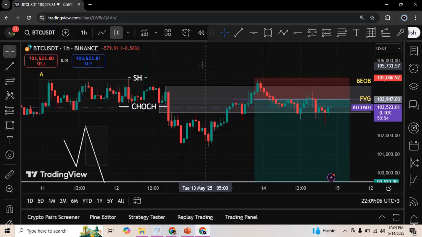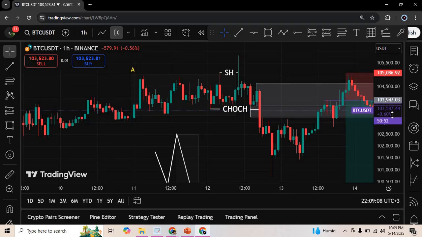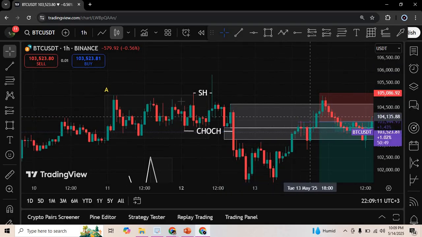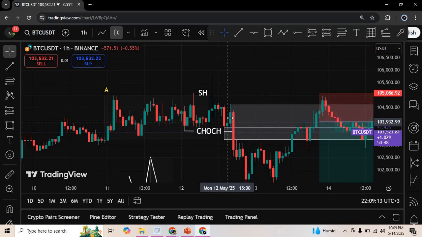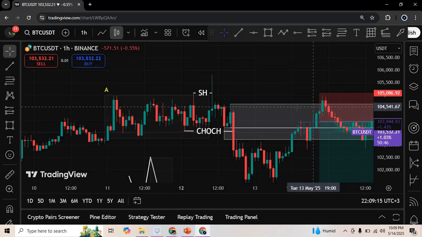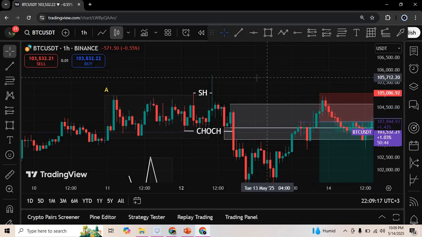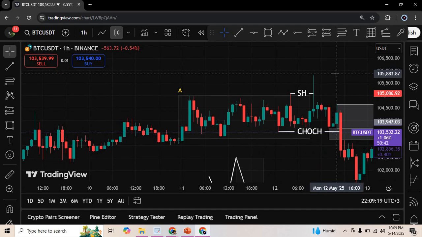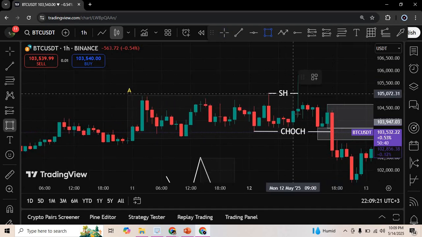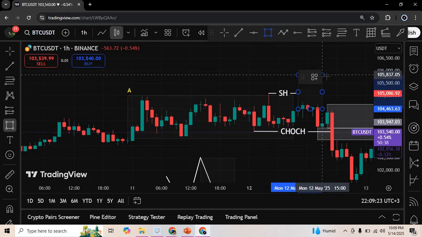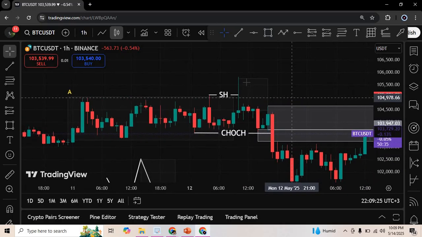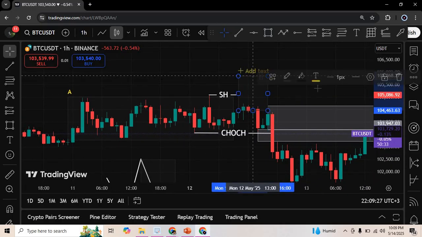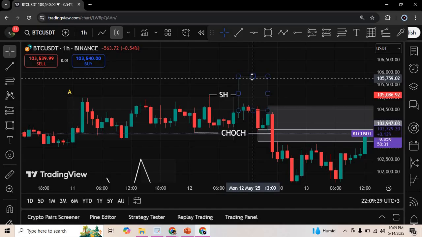Perfect. But also, we have another POI, a perfect one. Now this market came into the zone of the bearish order block, but it actually pushed higher into that zone. What do we have right here? Someone to tell us. We're having a wick. If you can see that wick, thumbs up.